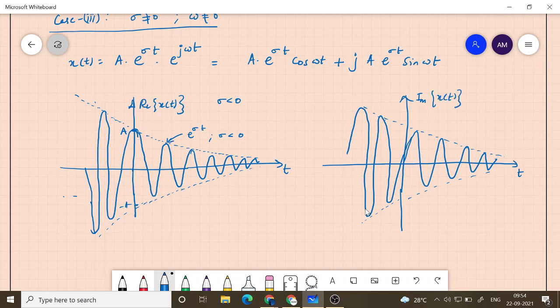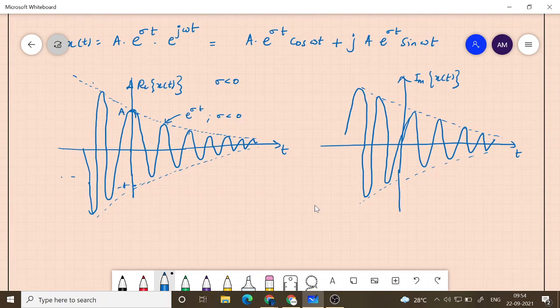So this is the most general case. Now if sigma is positive, the only difference is that it will grow to the right and decay to the left. So maybe I will show that case also. This is our a, and this is our minus a.